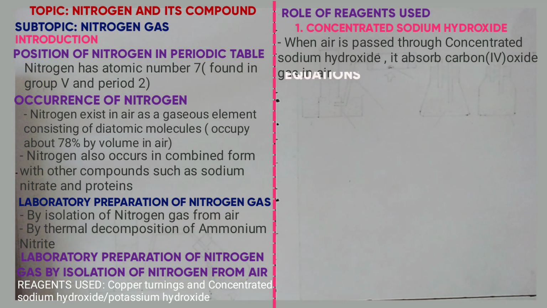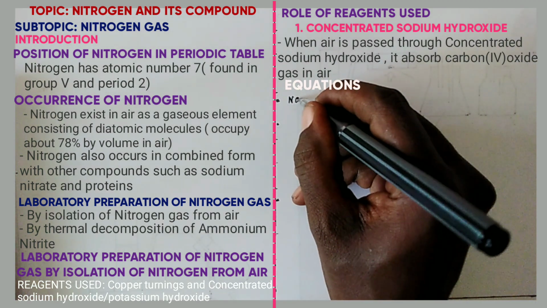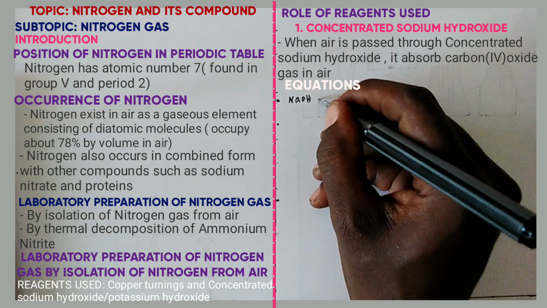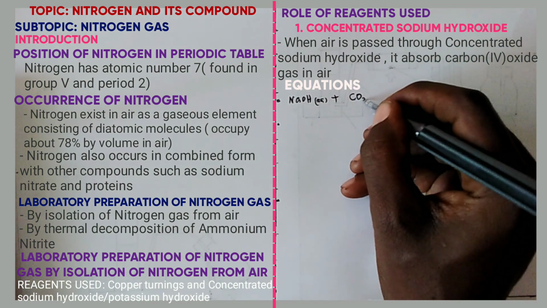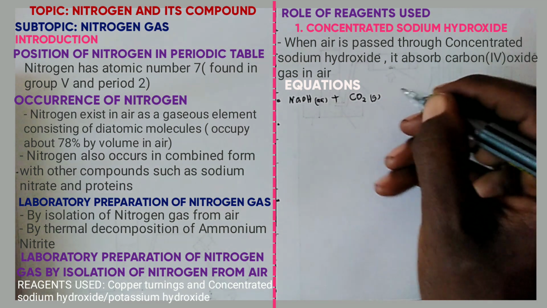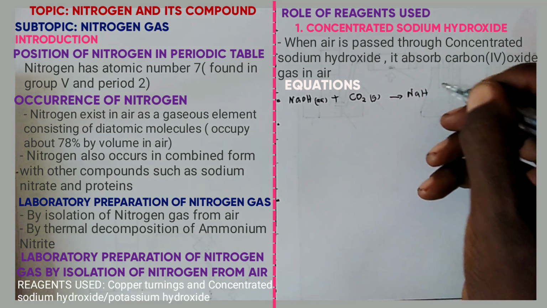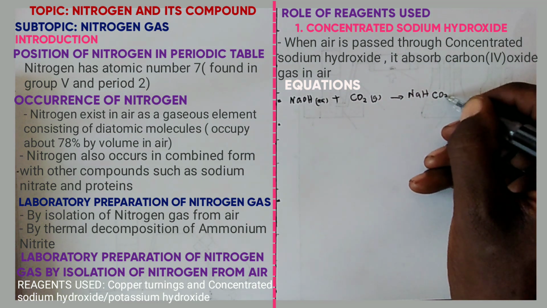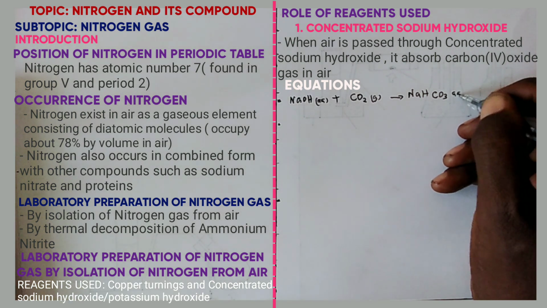So the equation is as follows: sodium hydroxide aqueous plus CO2 gas. When it's in excess, I said it forms sodium hydrogen carbonate, aqueous.